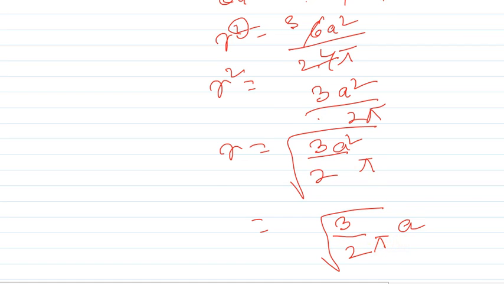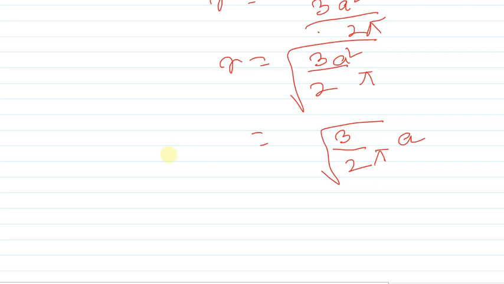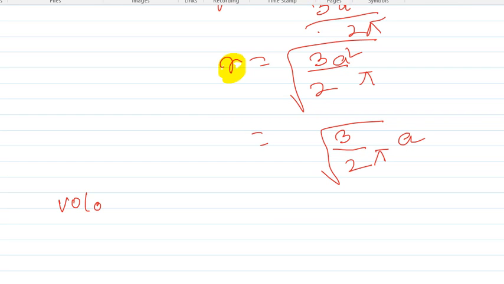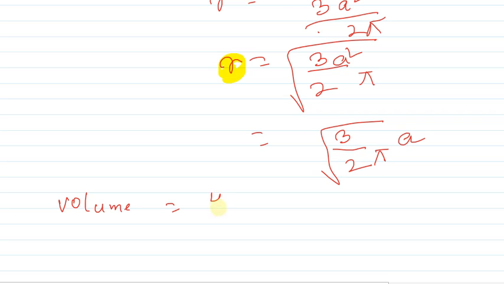Till now you are getting? Now what is the volume of a sphere, dear? We have got the radius, but we just put the value. What is the formula? Volume is equal to 4/3 pi r cube.